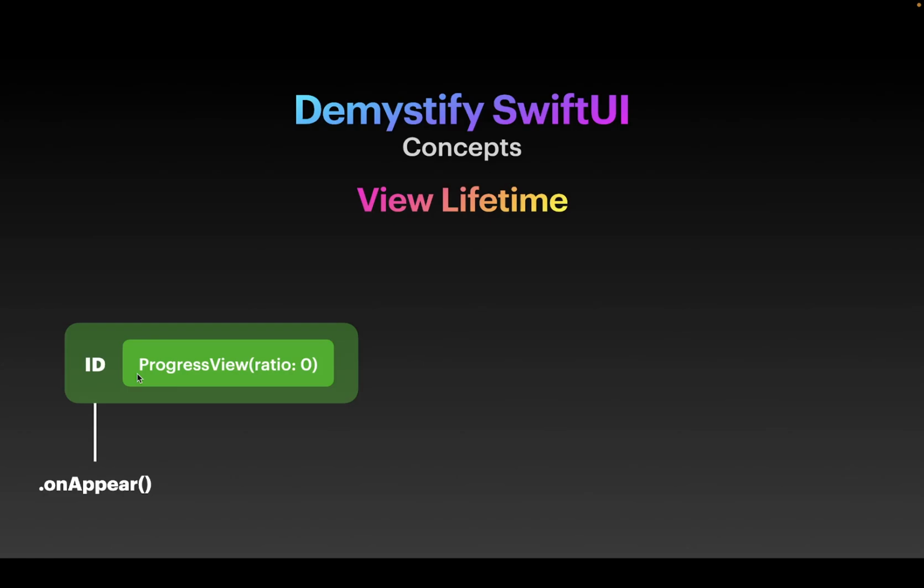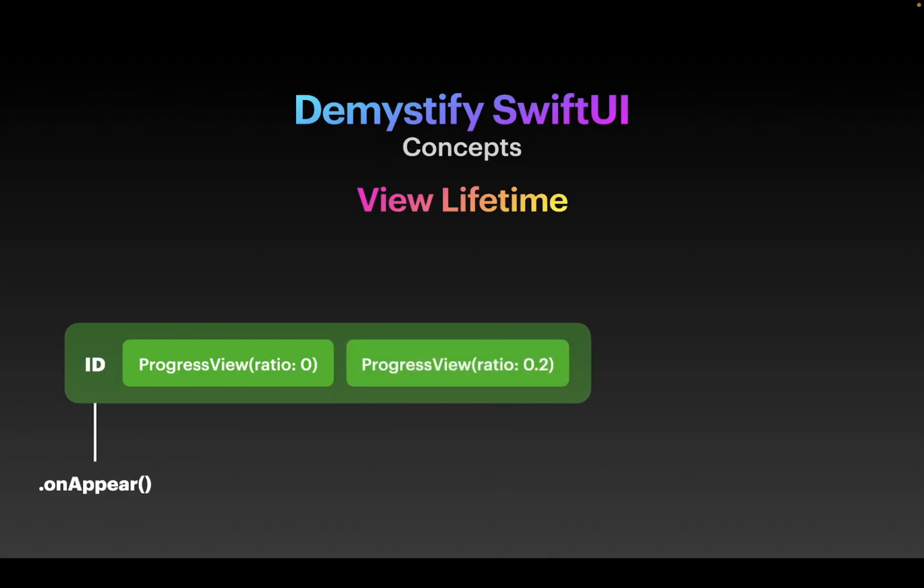Okay. Now, what if we change the ratio when the user clicks on something or some action happens? So, for example, I increase the ratio. Right now SwiftUI reevaluates the struct, the ProgressView, and creates a new view.